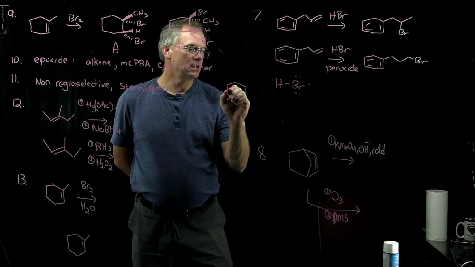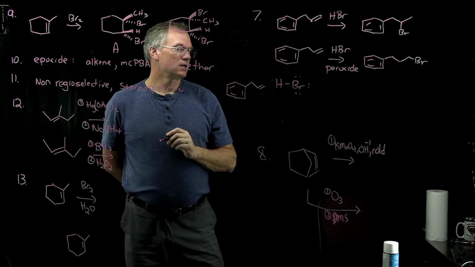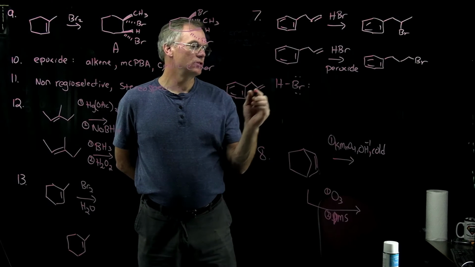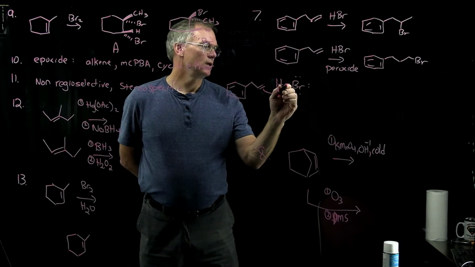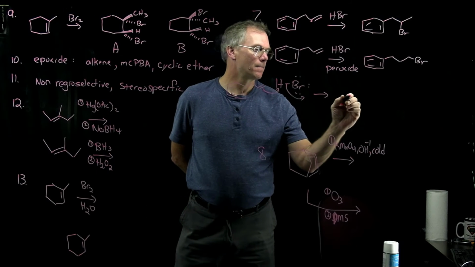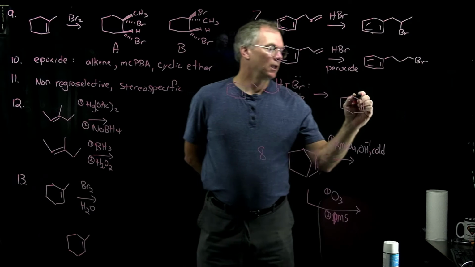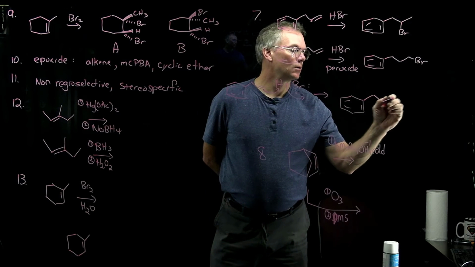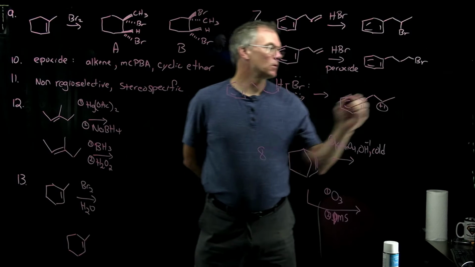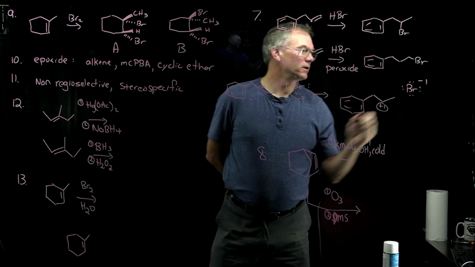And as we've seen thematically, the alkene acts as a nucleophile, attacking the more electrophilic hydrogen in this case, displacing bromide. Forming the more stable secondary carbocation and bromide ion.